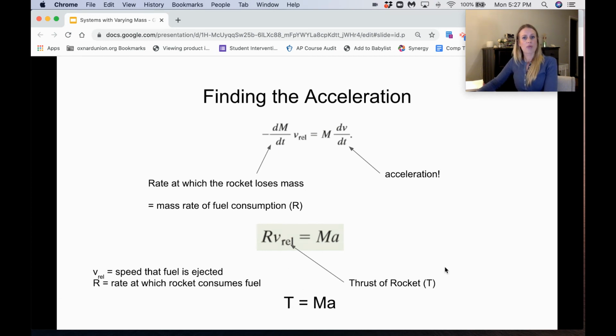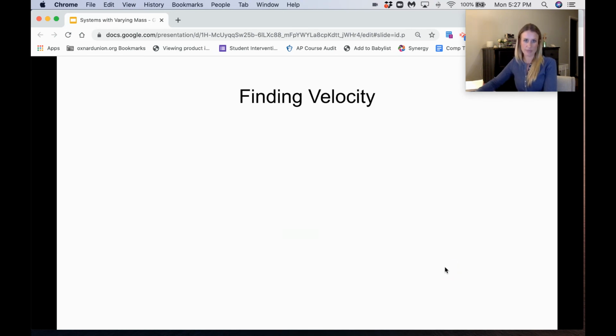We're going to derive one more equation, for final velocity. Again, I'm going back to the equation from two slides ago, before I divided both sides by dt. That's where this equation comes from. Now we rearrange this equation, solving for dv.